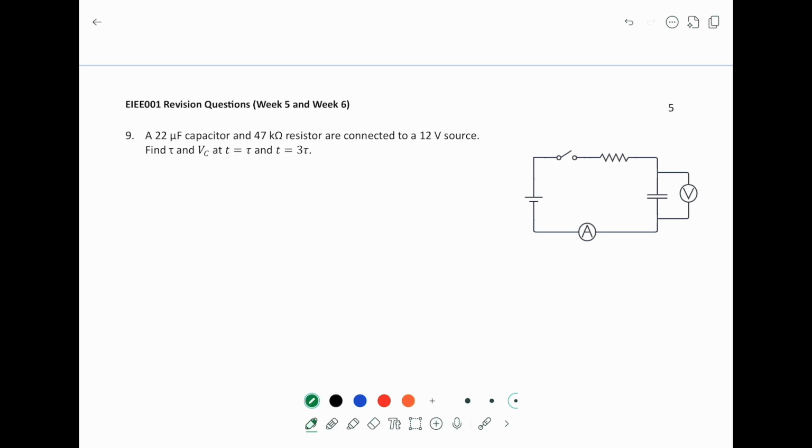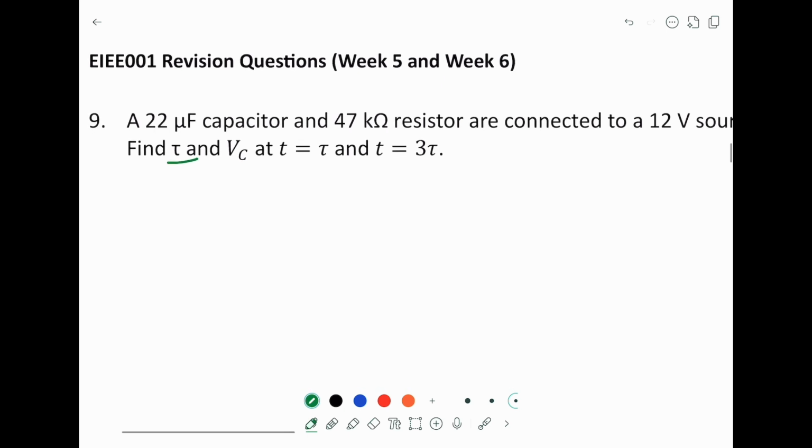This is an RC circuit connected to a DC source. The source is 12 volts, R is 47 k ohm, and the capacitor is 22 microfarad. First, we want to find the time constant tau.